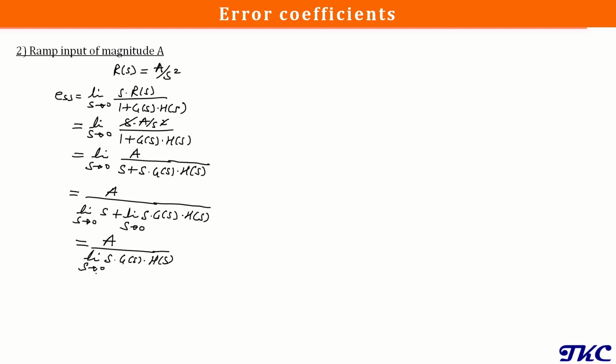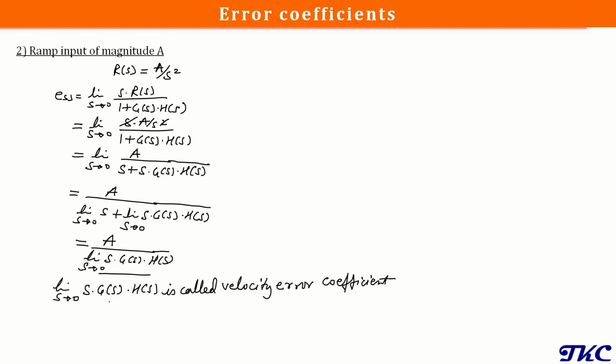Now this term is called the velocity error coefficient. So here limit s tends to 0 s into G of s into H of s is called the velocity error coefficient, and we represent it by Kv.